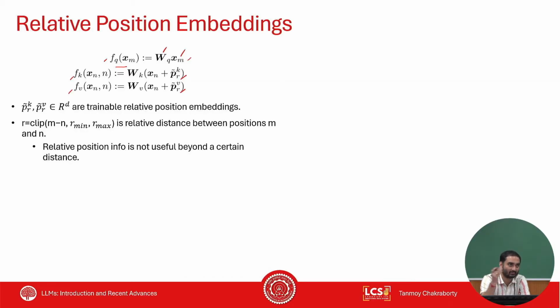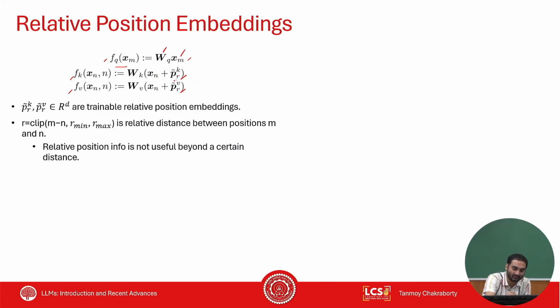You see the difference between this and the previous one? In the previous one, for all the query, key, and value cases, you add the position and the word embedding. But here, only for the key and value, you add the word embedding and the position embedding.